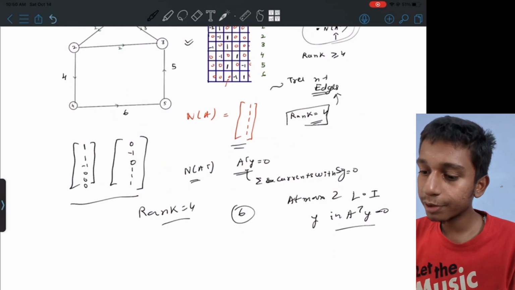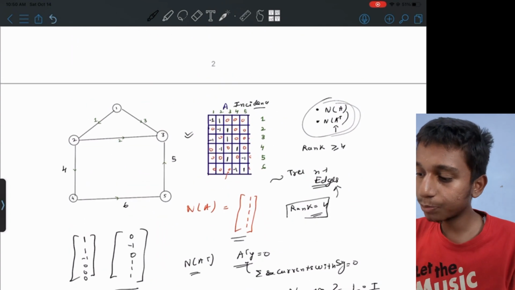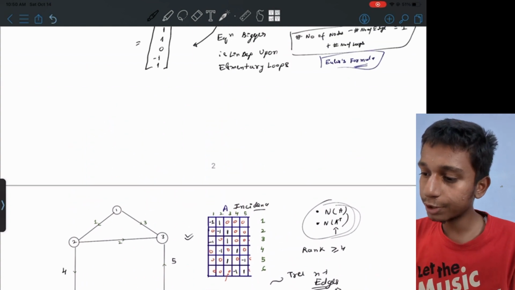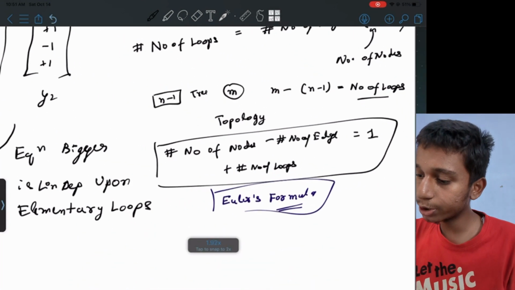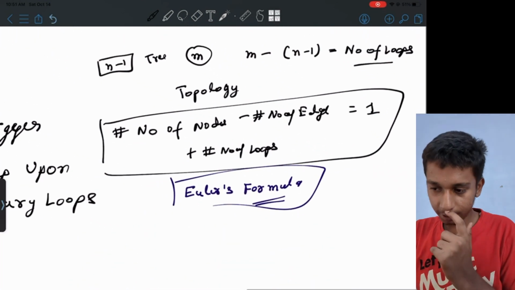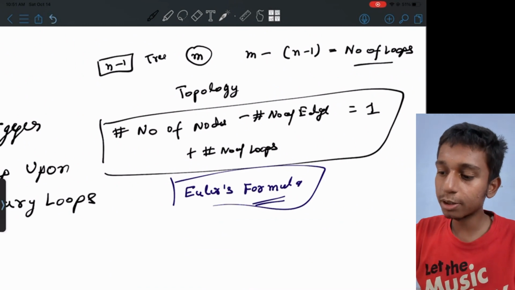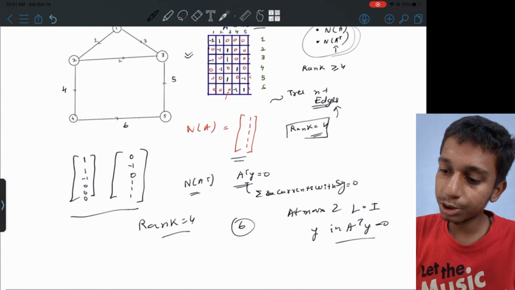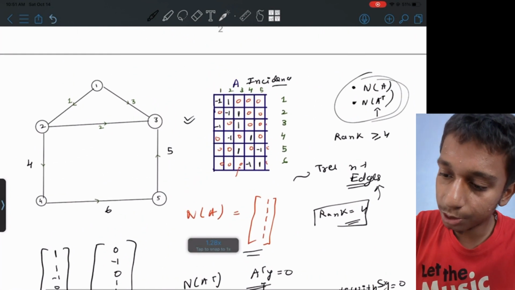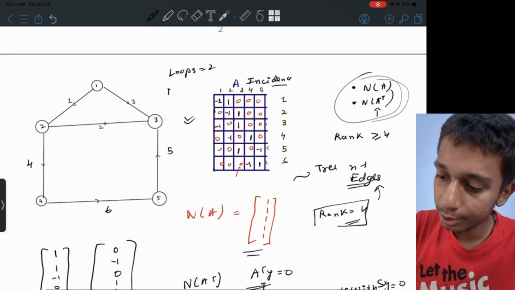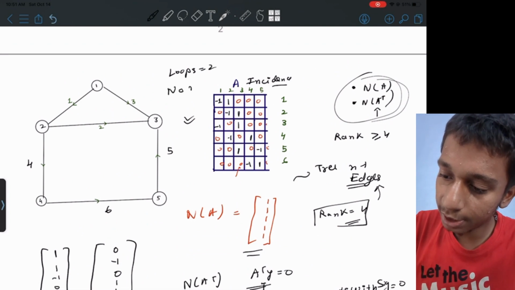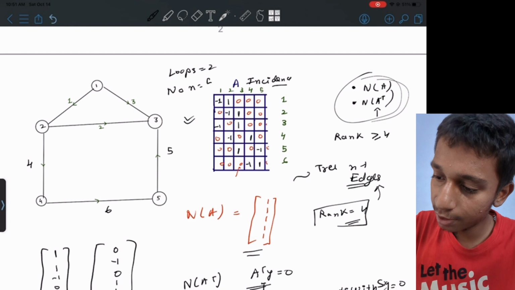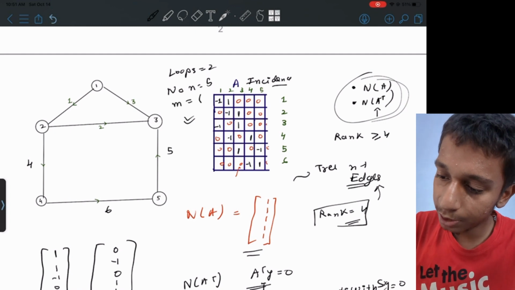Now let's move to the next part, which is to prove the topological relation: the number of nodes minus the number of edges plus the number of loops. The easiest thing is the number of loops. The number of loops is 2, the number of vertices n is 5, and the number of edges m is 6.